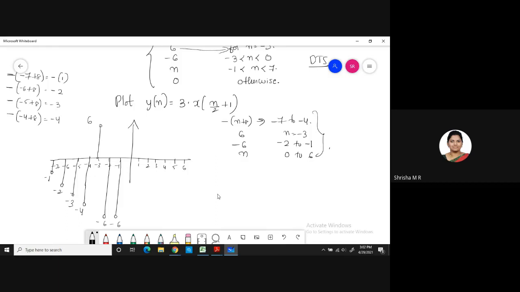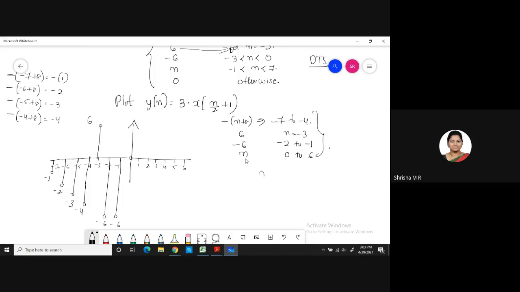Then again it is n for n greater than minus 1, less than 7. That means n greater than minus 1 is 0, n less than 7 is 6. So from 0 to 6 it is n. So that means at 0 it is 0.